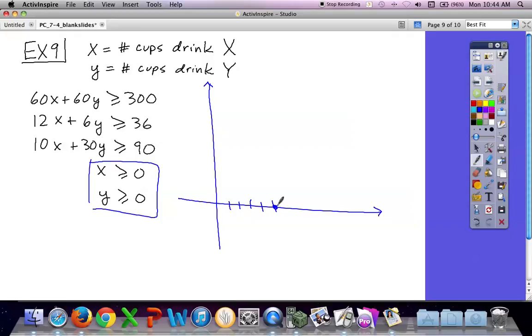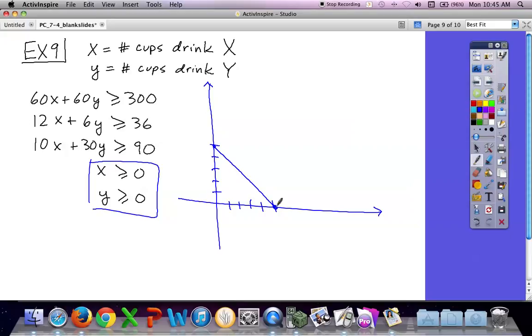And cover up the X term: 60Y equals 300, so Y equals 5. So we can connect those two points, and that's that line. Now we need to figure out where the shading goes with that. And it's not solved for Y.